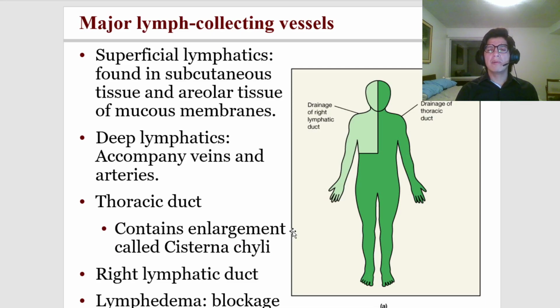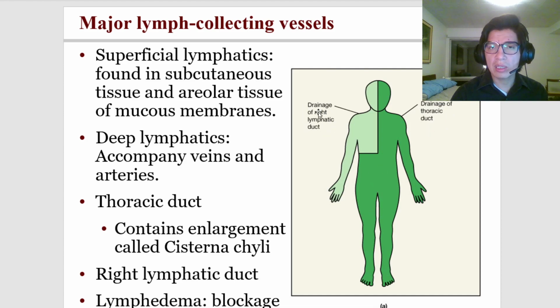Whenever it comes to the drainage of the lymphatic system, I want to talk about these two major draining systems. You're going to have your thoracic duct and your right lymphatic duct.